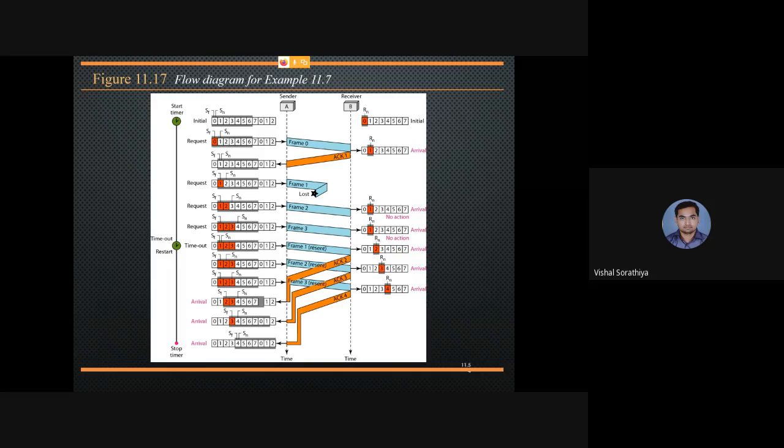Until frame 1 is received, the receiver will not go ahead. So we can say it is not accepting frame number 2 and 3, and after some time frame 1's acknowledgement will not be received.